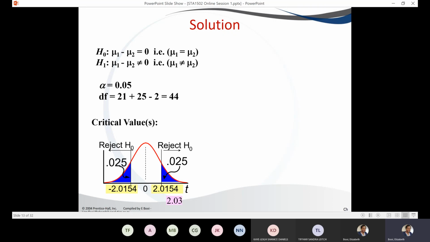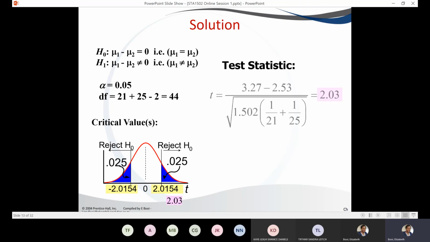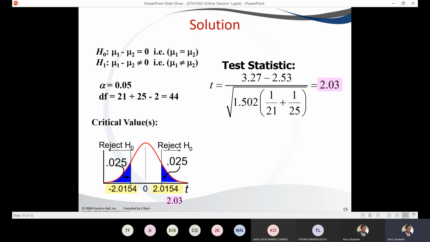Then remember step number 4 was to state what your test statistic is, and we said it's the t-test statistic. But step number 5, we calculate what the test statistic is all about. So remember, we already calculated this previously before we even come here. So we calculated the test statistic and we found that it was 2.03.